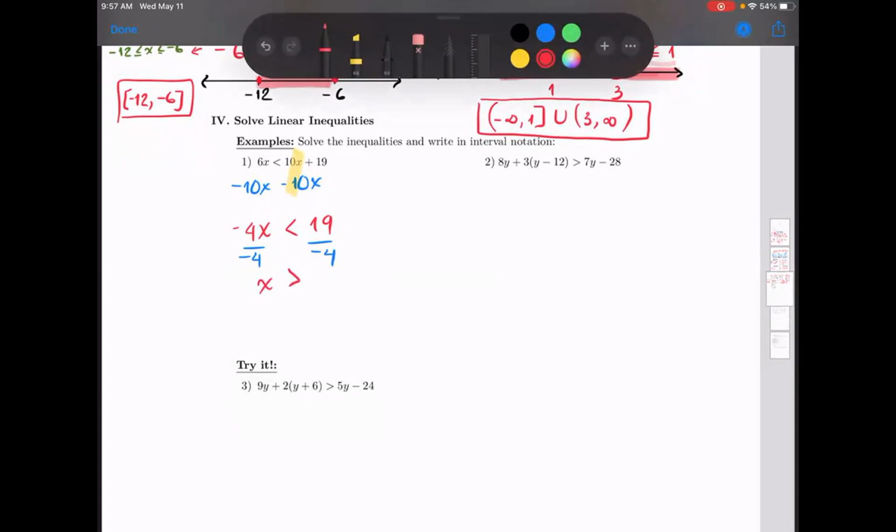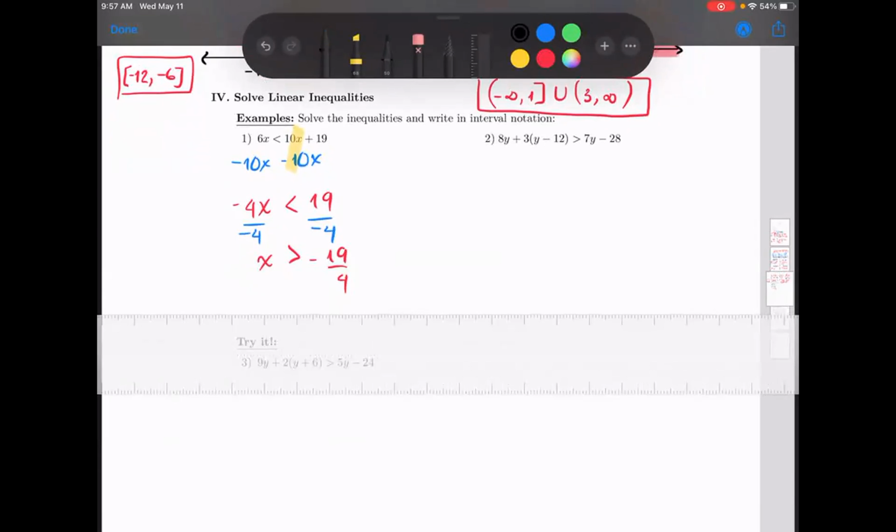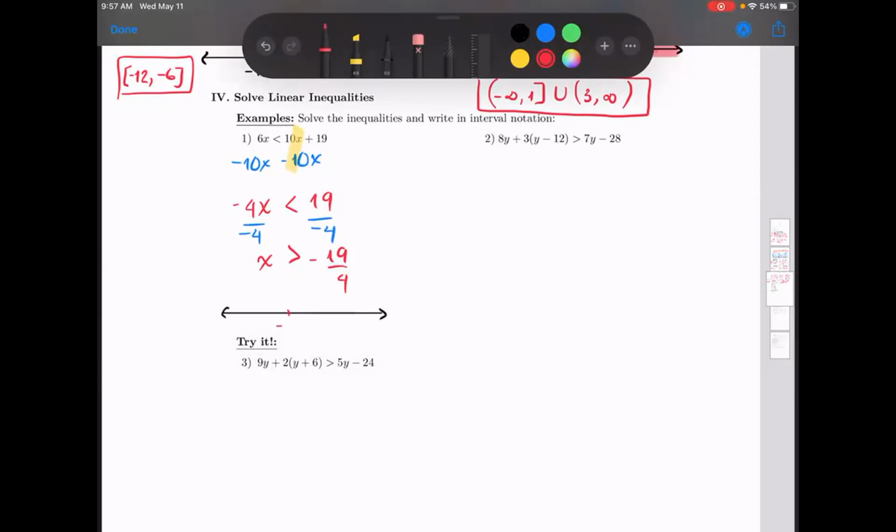So x is greater than negative 19/4. Negative 19/4 is hollow there, greater than. And then don't forget your interval notation, which is negative 19/4 to infinity.